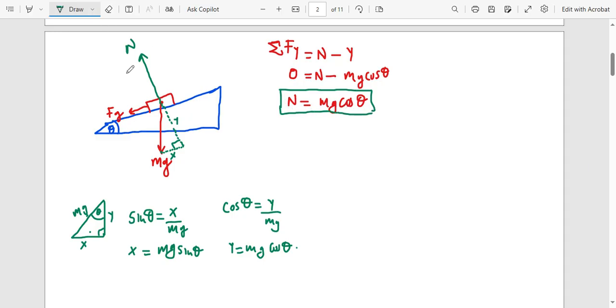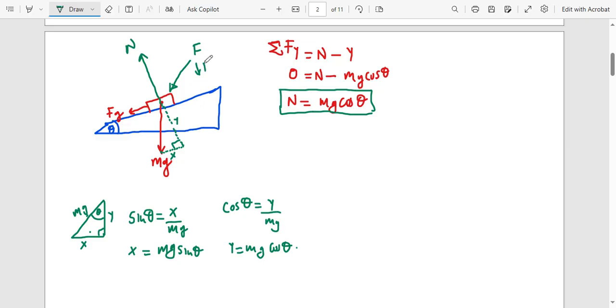This holds as long as the applied force is not applied at an angle, whether we are pulling the object upwards or letting it slide downwards. Because if I apply a force at an angle on this object, we have now an applied force, and this applied force is going to have components.